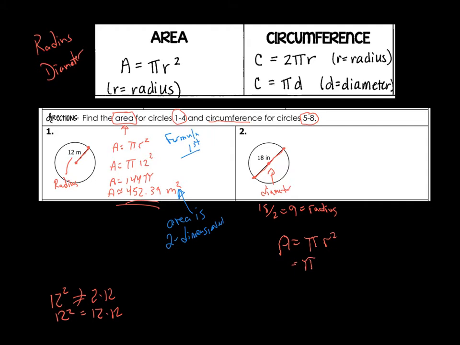Area is equal to pi times 9 squared. That's 81 pi, or area is approximately, to the nearest hundredth, 254.47 square inches. All right, and there you go.